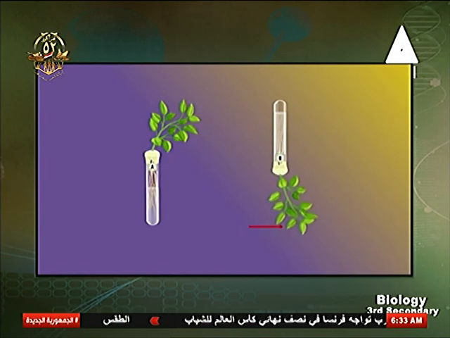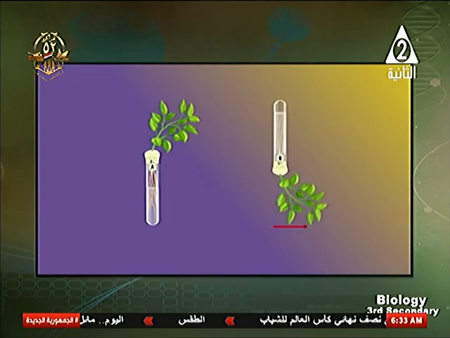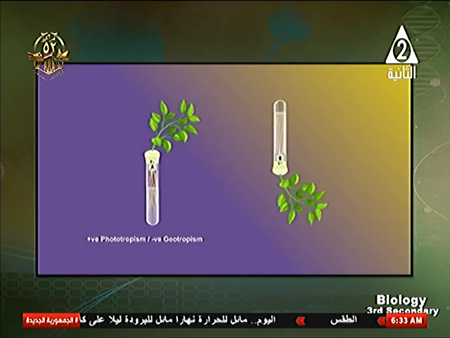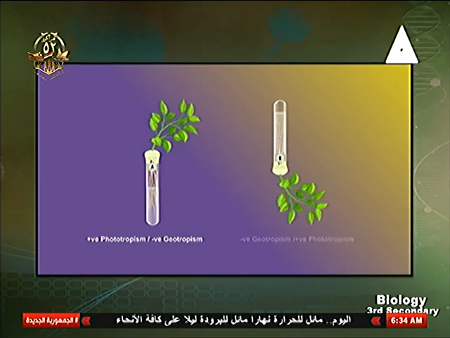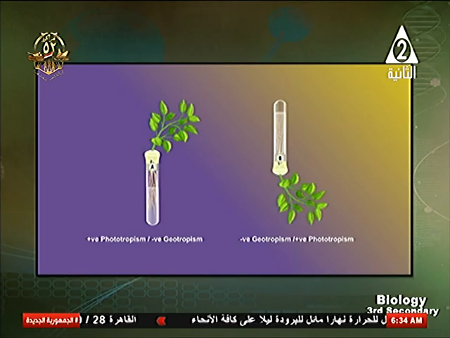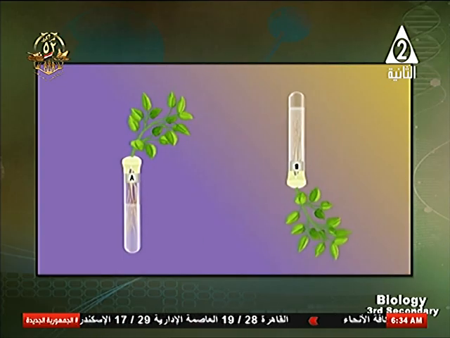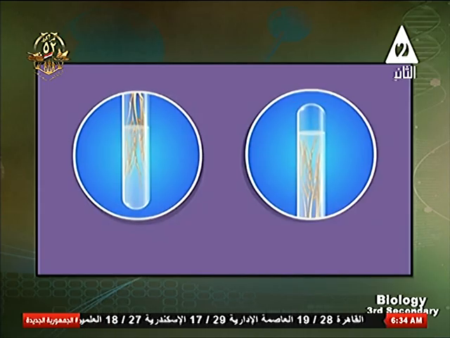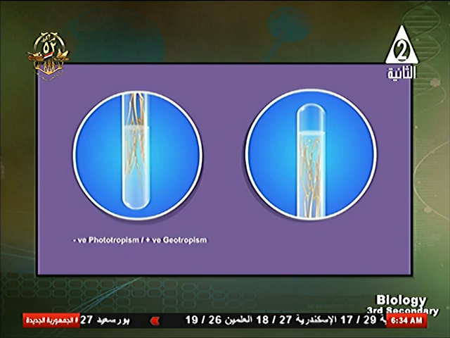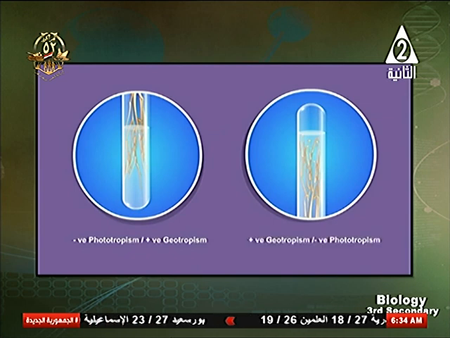Stem in two plants A and B bends toward the light, so the stem is positive phototropism and negative geotropism, while the root is negative phototropism, bending away from light, but bends downward, so it is positive geotropism.